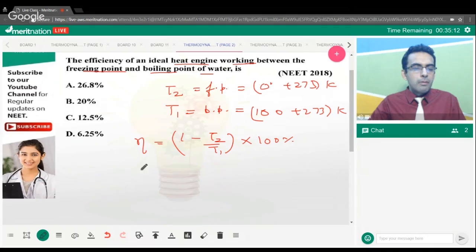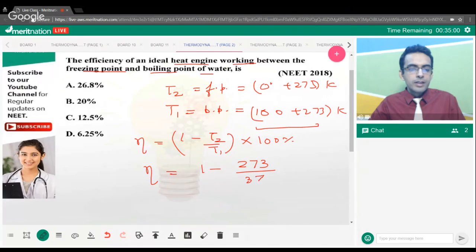So from the above equation, we can say eta is equal to 1 minus, what is T2? It's 273 divided by, what is the temperature of source? It's 373 into 100%.